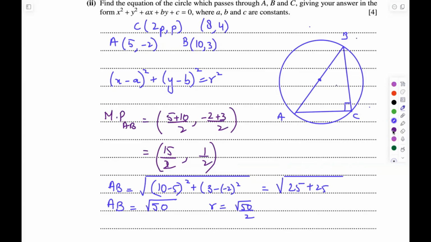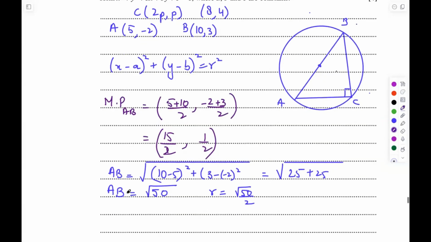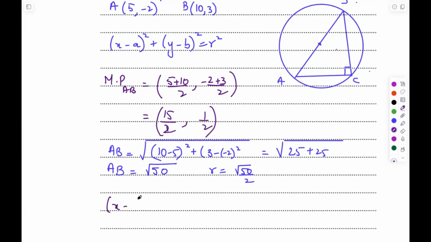Now substituting these values of the center and the radius in the general form of the equation of a circle, we'll get x minus 15 upon 2 whole squared plus y minus 1 upon 2 whole squared is equal to the square root of 50 upon 2 whole squared.